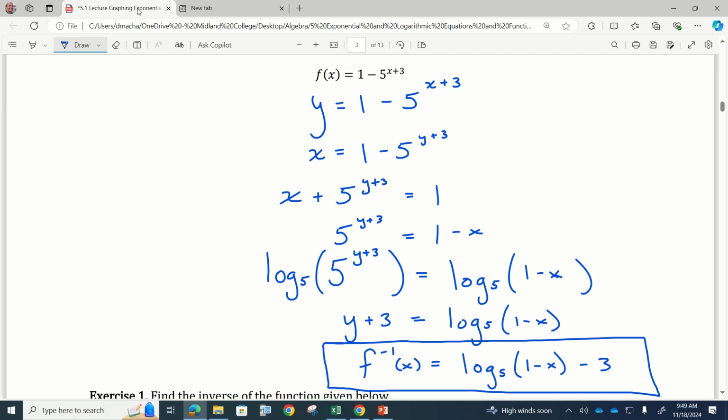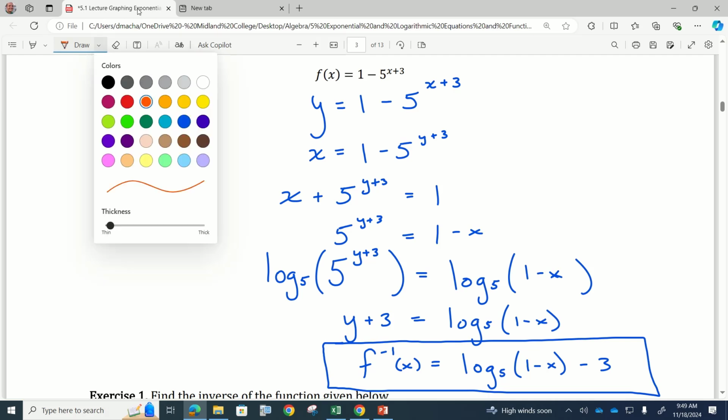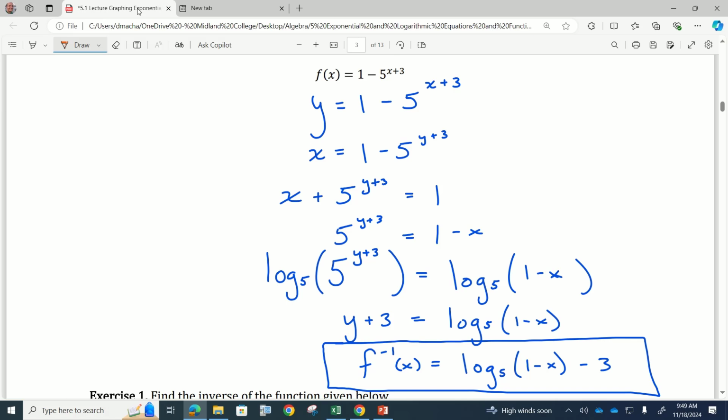So everything is just like we did in section 4.5. We changed the y into an x and the x into a y right here. That's the first step if you want to find an inverse, is you swap x and y. And then the rest of this is solve for y.